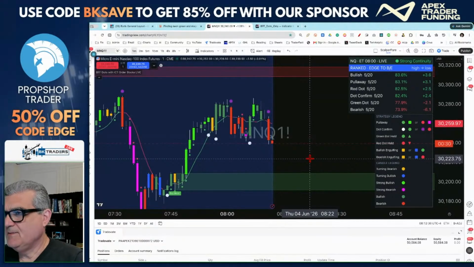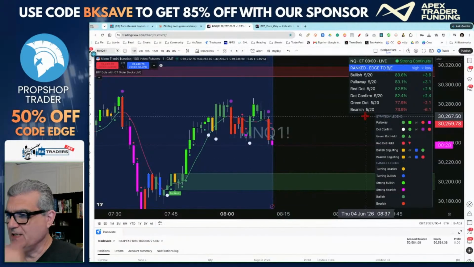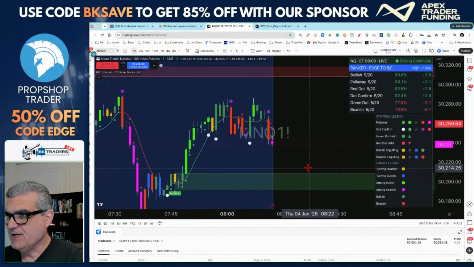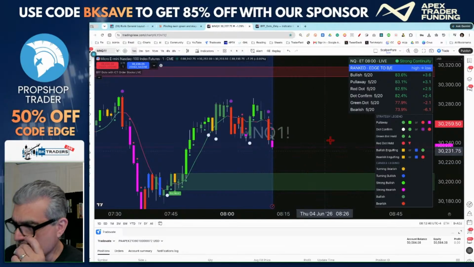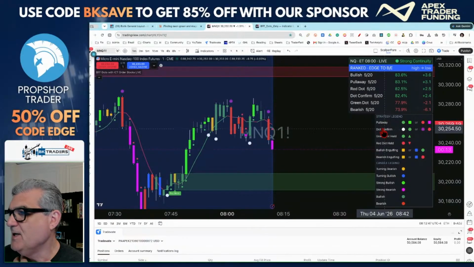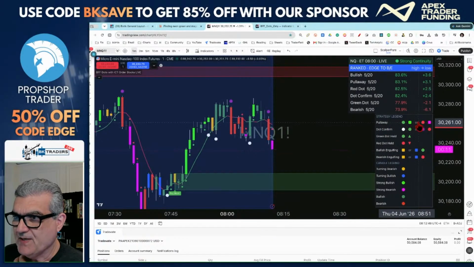One of the problems we had was when we were trading in London, it was hard to remember and explain which setup is which and what they look like. Hopefully this is a lot more intuitive. Basically, you see a white dot, green dot, or purple dot, red dot as a dot confirm. Pull away is simply the neon candle with a green dot, or a magenta candle with a red dot.